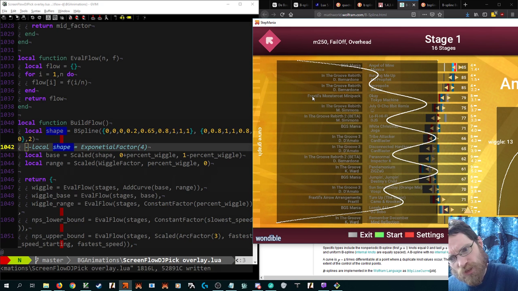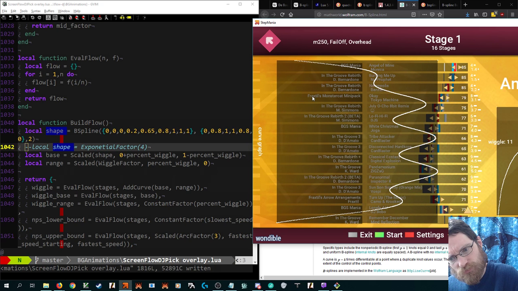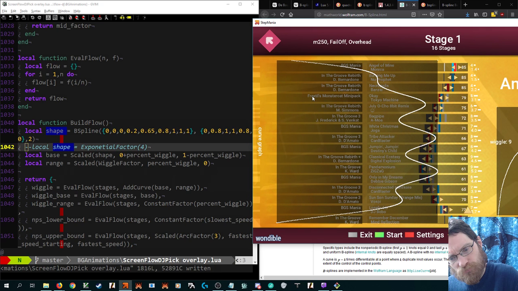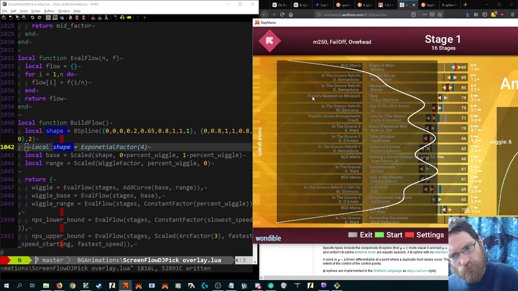Which makes me think I'm not properly understanding something here. Well, I am using this in a little bit of a weird way right now. Oh, I might be drawing the range incorrectly. That might be what it is.